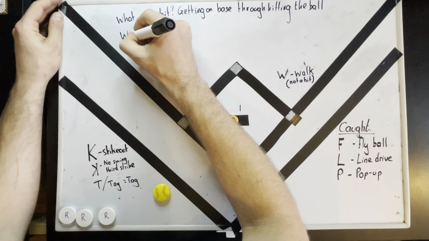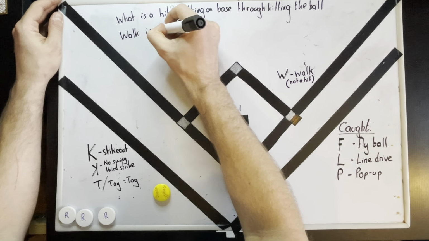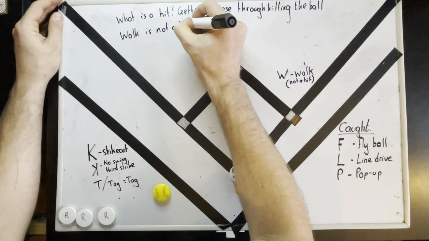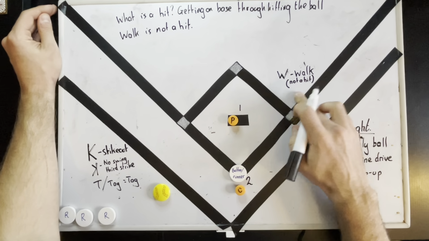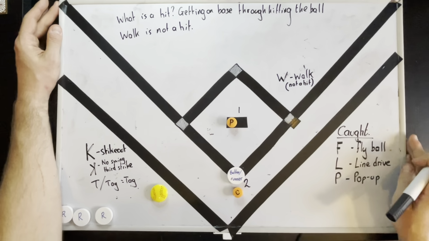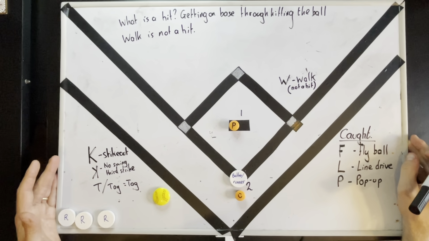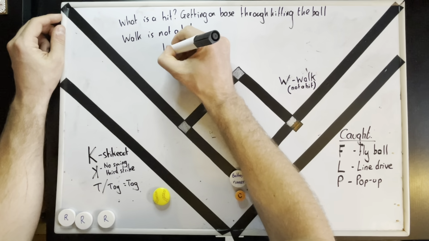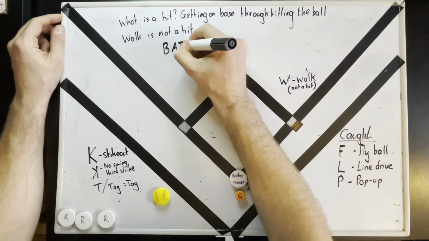So a walk is not a hit because you didn't hit the ball. So it doesn't count in what's called a batting average. So let's have a look at a batting average.